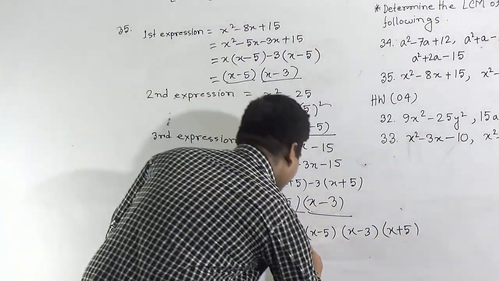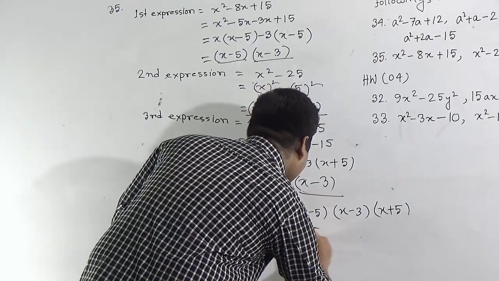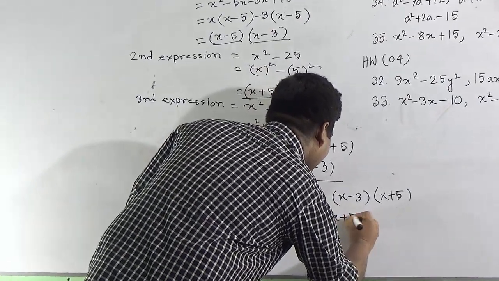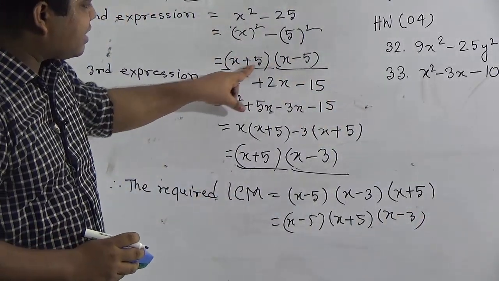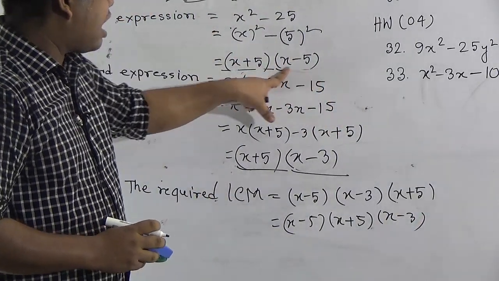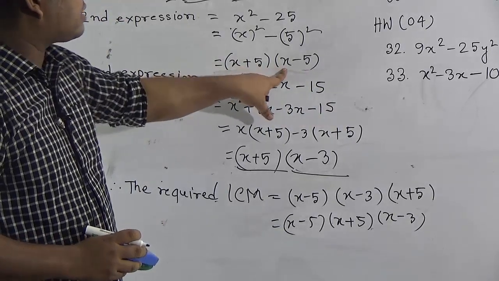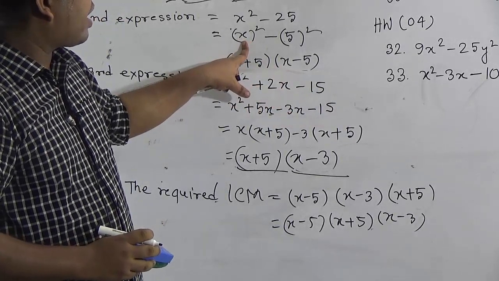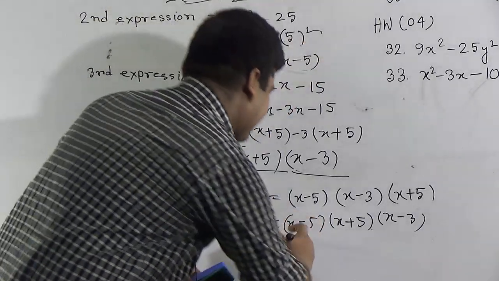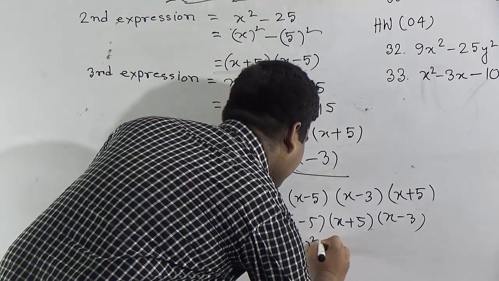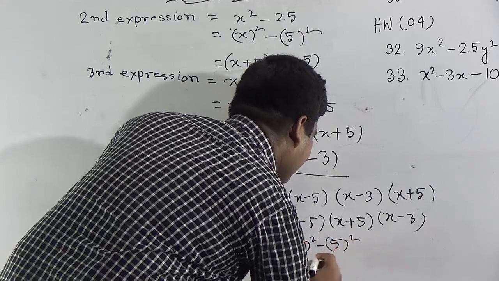Now we write x minus 5, x plus 5 and x minus 3. My dear students, notice x plus 5 and x minus 5. How can we get x plus 5 and x minus 5? From x square minus 5 square. So we write this as x whole square minus 5 whole square.